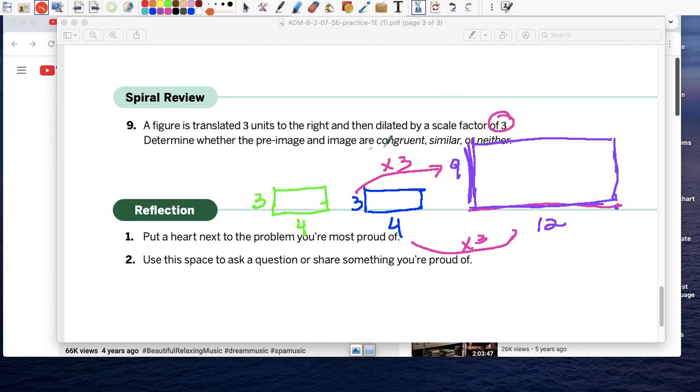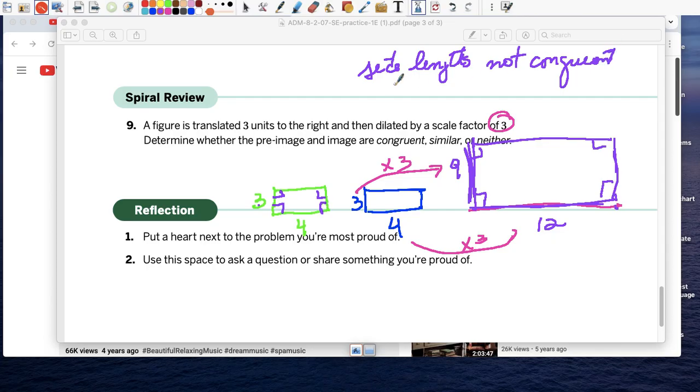So the question is, are they congruent? Well, if they're congruent, the angles are congruent. This angle, this angle, this angle, this angle is 90 degrees, and so is this, so is this, so is this. But are their dimensions congruent? Is this 3 the same as 9? No, it's not. So side length, not congruent.